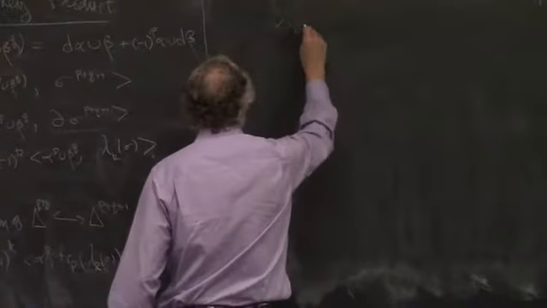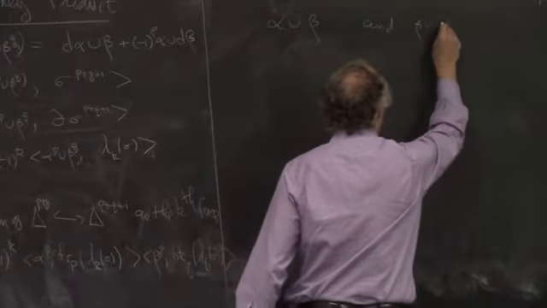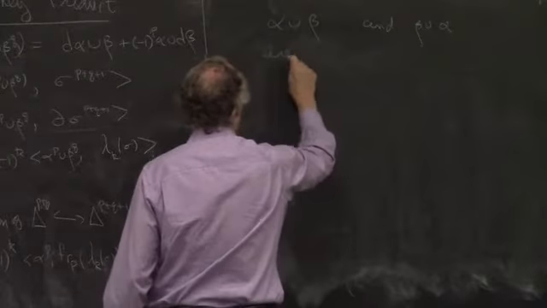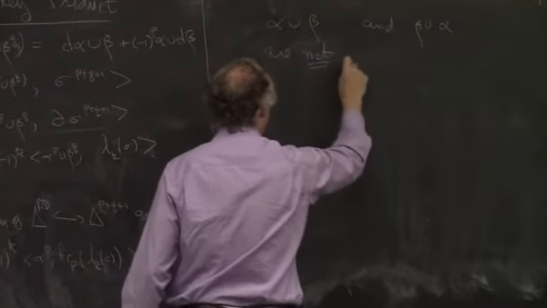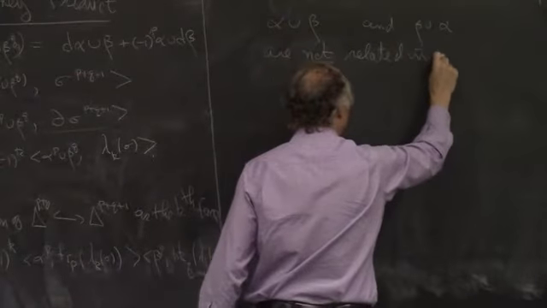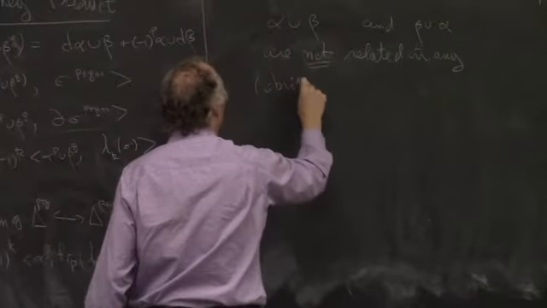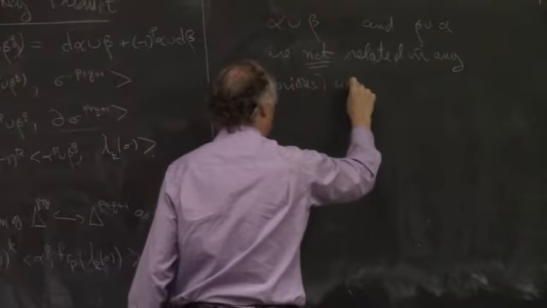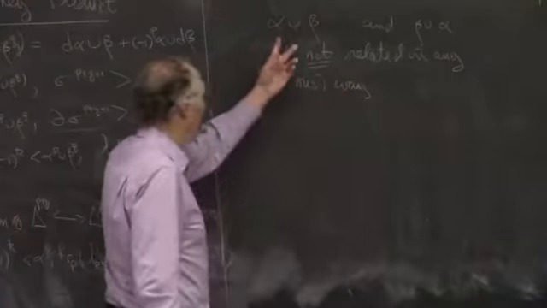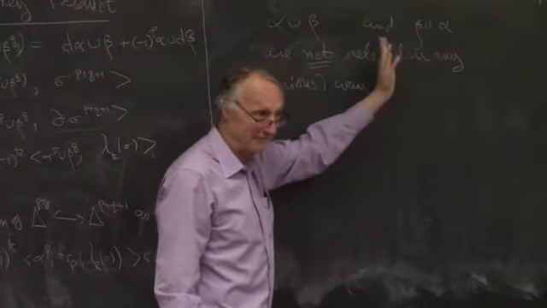They are not related in any obvious way. It's certainly not true that alpha cup beta on the cochain level is, up to a sign, beta cup alpha.